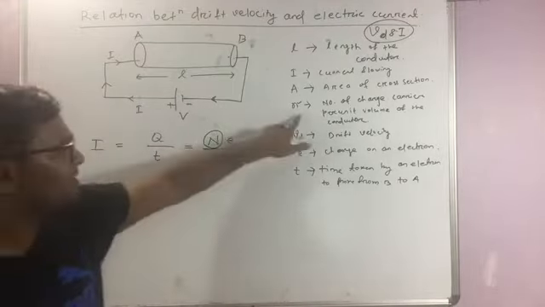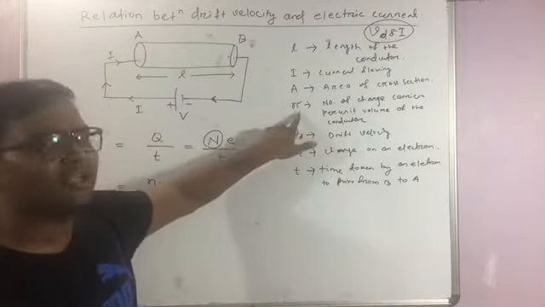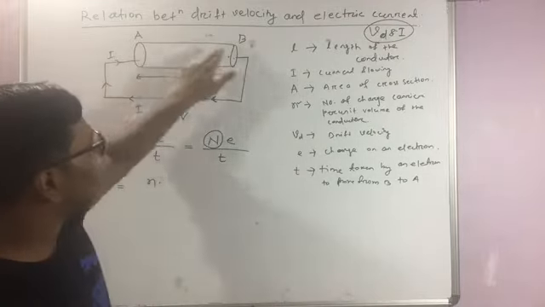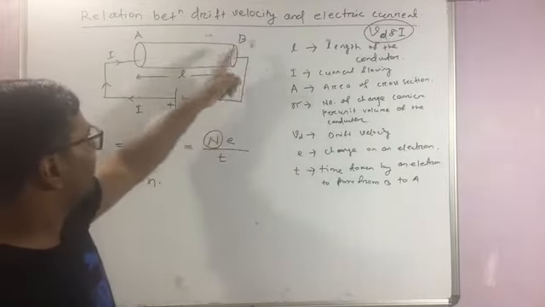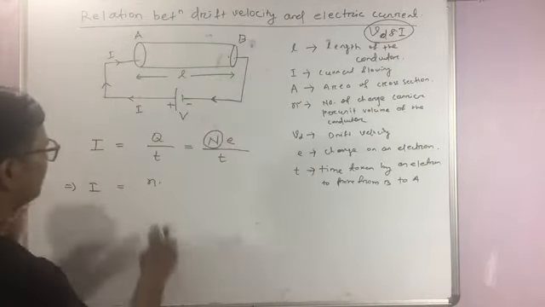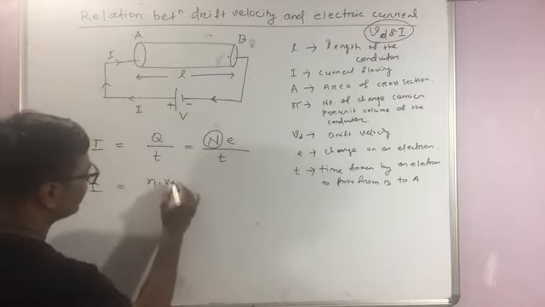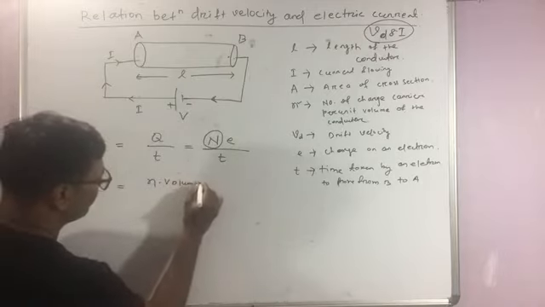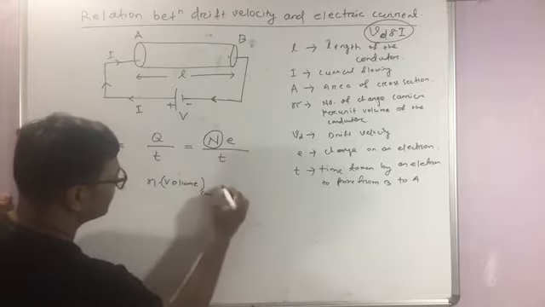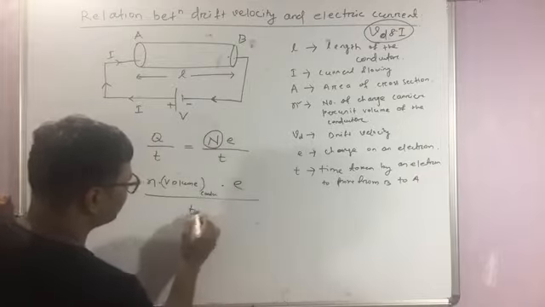Similarly, here the number of charge carriers per unit volume is n. Then the total number of charge carriers present in the volume of the conductor will be n into the volume of the conductor. Clear? So your n is a unit amount, and the total is n into the volume of the conductor. Instead of this N, writing this e divided by t.